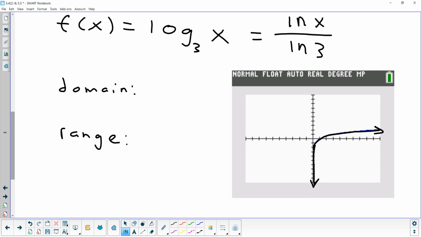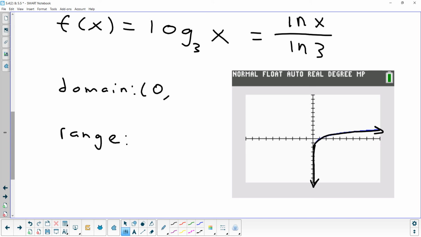Because all log functions have what kind of asymptote here? Vertical or horizontal? Michael? Vertical. They all have a vertical asymptote. If you don't shift it, well, that's what we're about to figure out right now. What's the domain here? Nick? 0 to infinity. Including or not including? Not including.